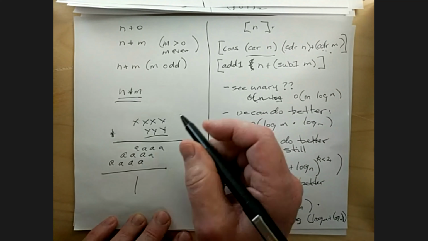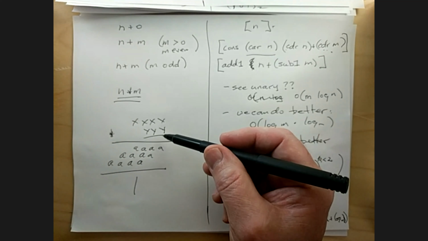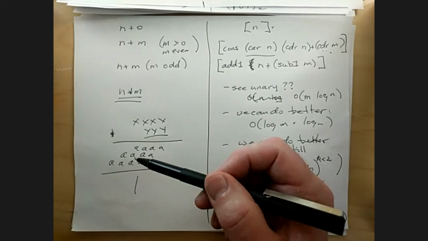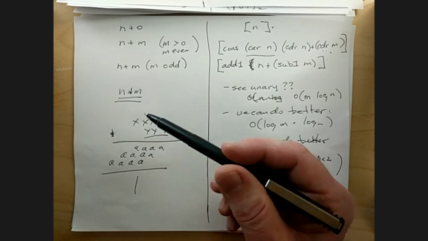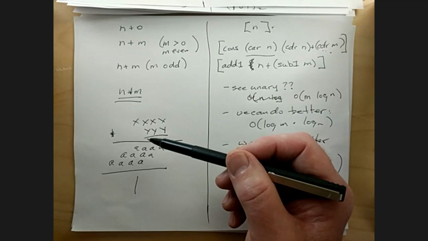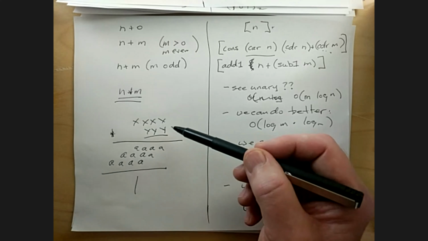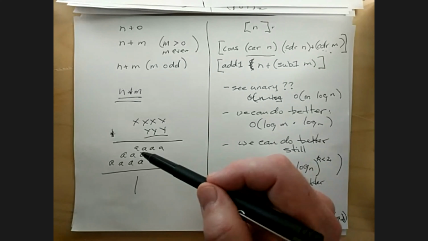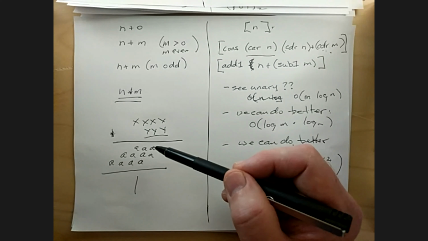The number of y's, I guess I didn't prove this, but it's pretty easy to show. To represent the number n in binary requires a list of length log n. To represent m in binary takes a list of length log m. So if we wanted to multiply n by m in binary, the total number of operations is the log of m times the log of n.